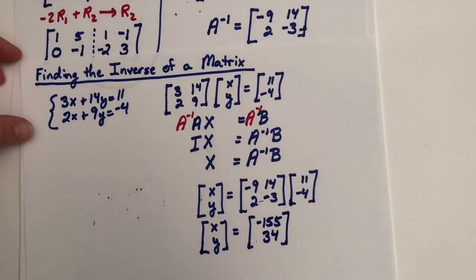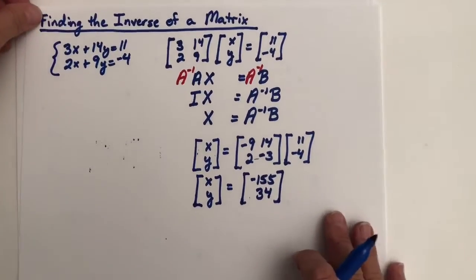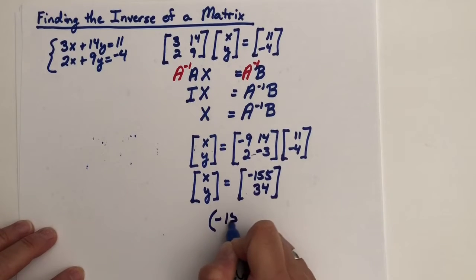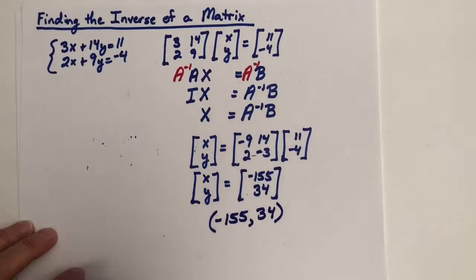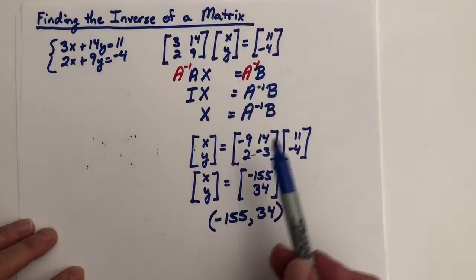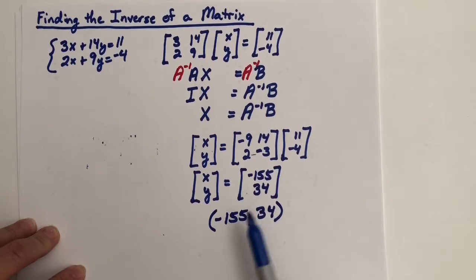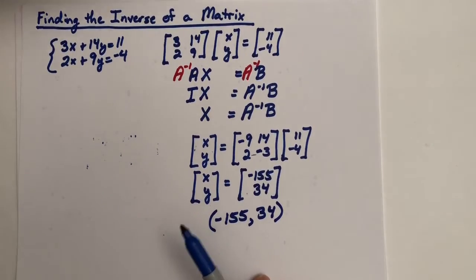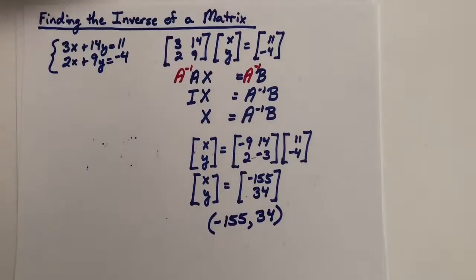So we now know the solution to this system is the ordered pair -155, 34. But notice after we found the inverse of the matrix, the process of solving this system was very short. Most of the work ended up being in the process of finding the inverse.